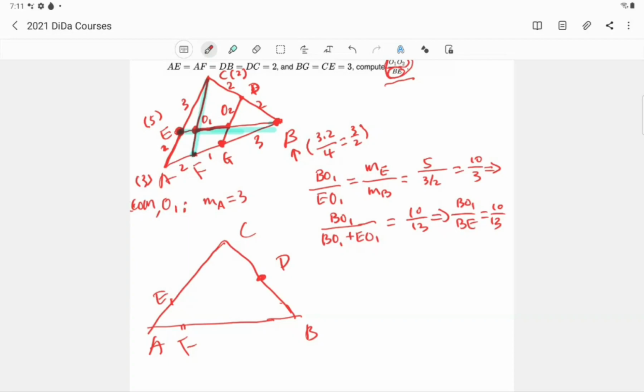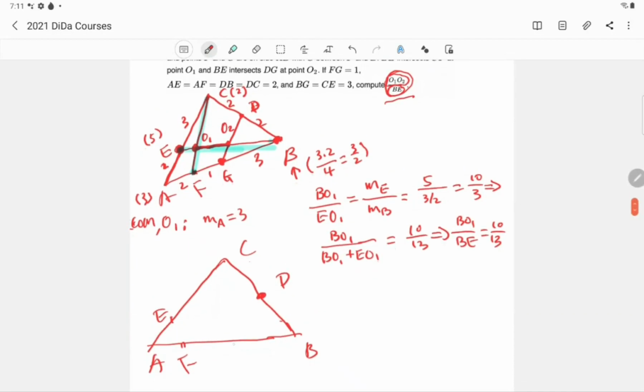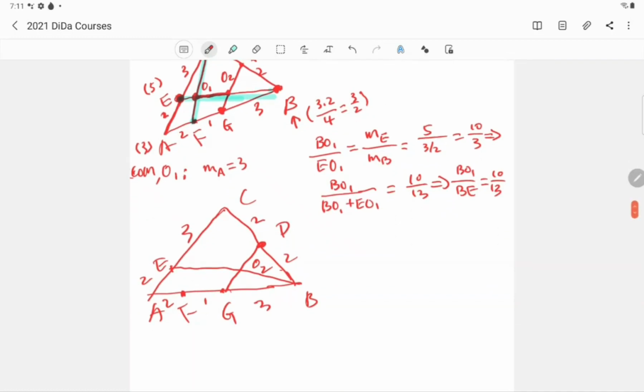So this time I won't draw the unrelated Cevian CF. So G is here, and the Cevians EB and DG intersect at O2. So we know this is 2, this is 3, this is 2, this is 2, and this one is 3, 1, 2. Sorry for the proportional segments.